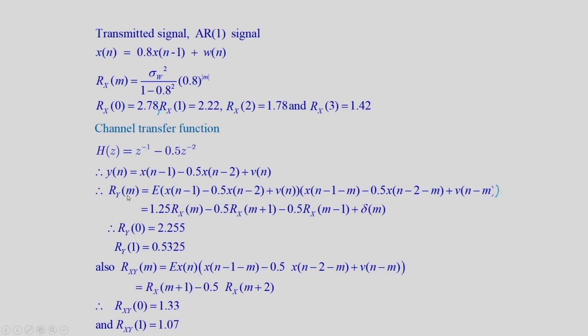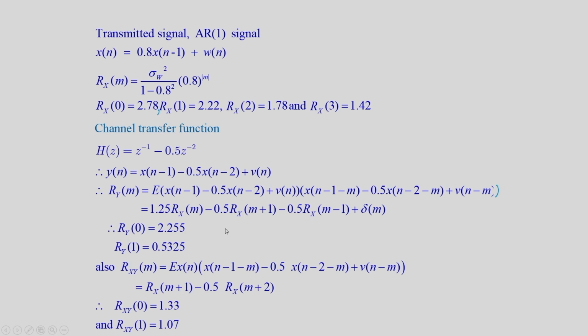Therefore, Ry[m] will be equal to E[y[n] y[n-m]], and this will be equal to E[(x[n-1] - 0.5 x[n-2] + v[n]) (x[n-1-m] - 0.5 x[n-2-m] + v[n-m])]. So, we have to find the expectation of this quantity.